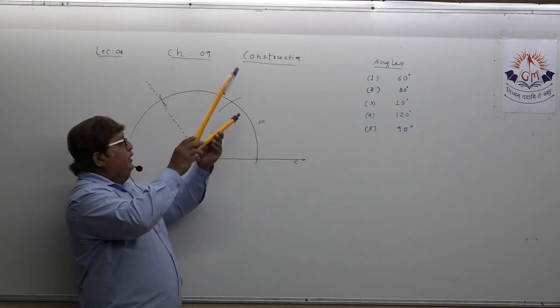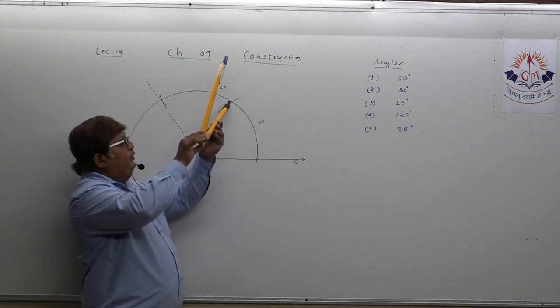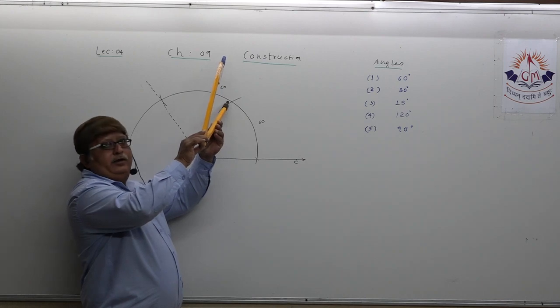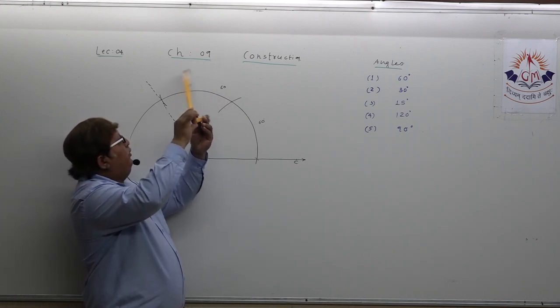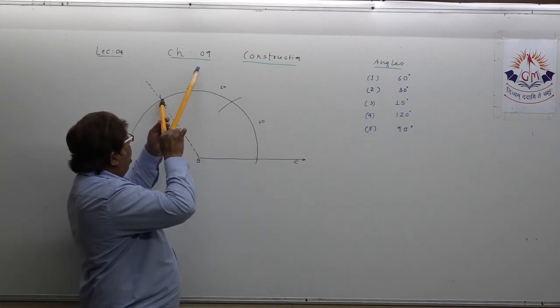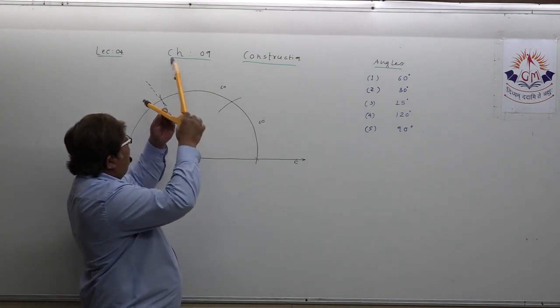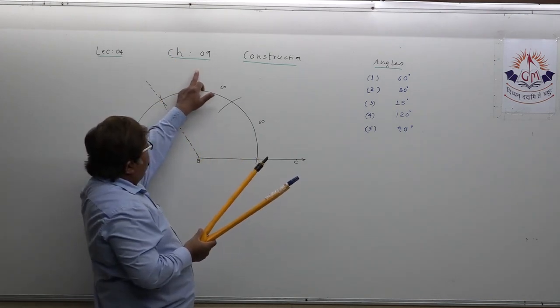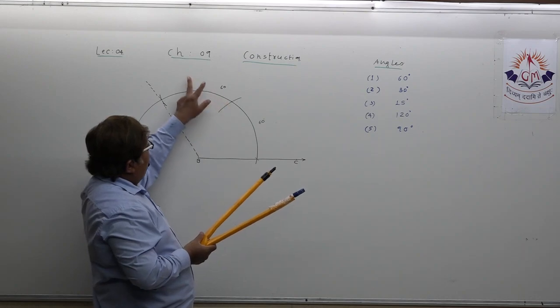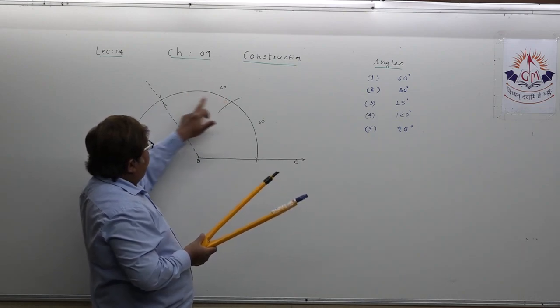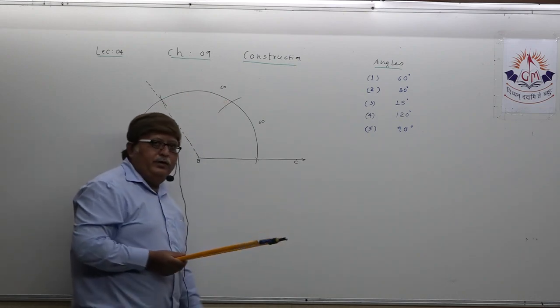Try to understand this basic. Centering compass here, you have to draw one arc, and then centering compass here, you draw another arc. Both arc has to be drawn in the portion of 60 and 120.